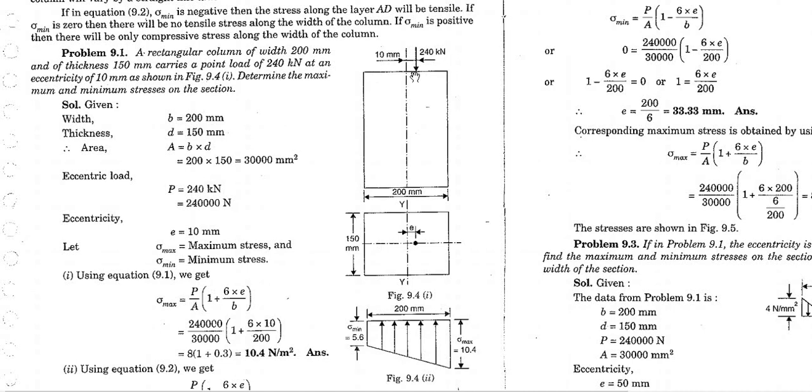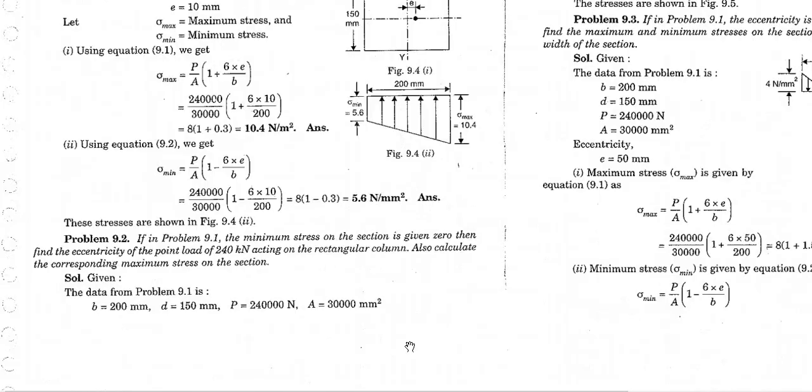Well, dimensions can be changed. If we want to make this side of the column maximum stress and this minimum as zero, what are the variations you can change as an engineer? The dimension or the eccentricity, meaning the position of the load, we can change here, right?